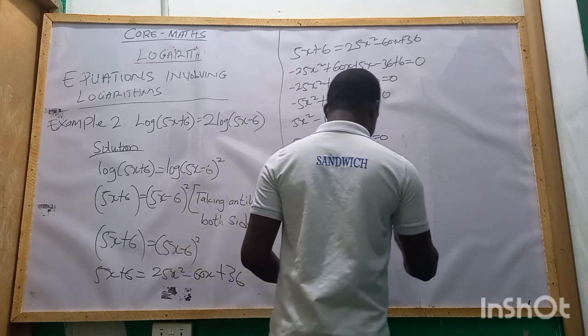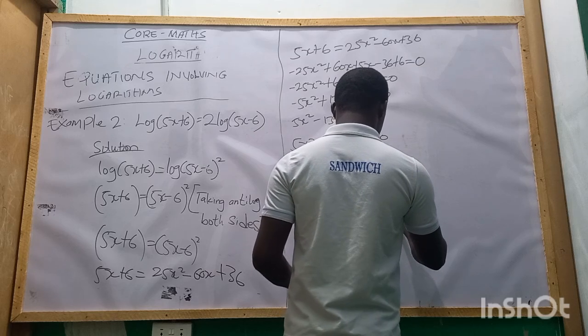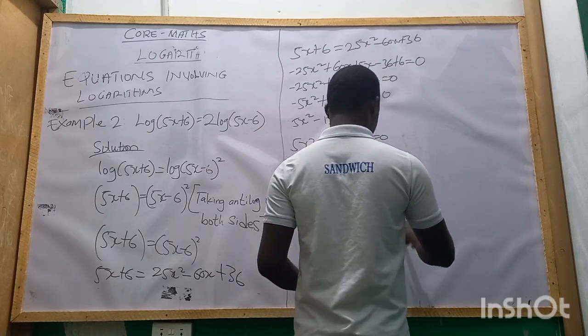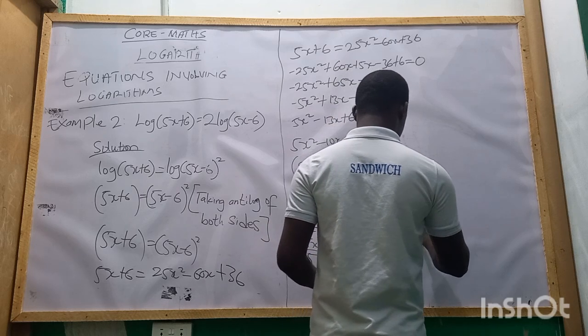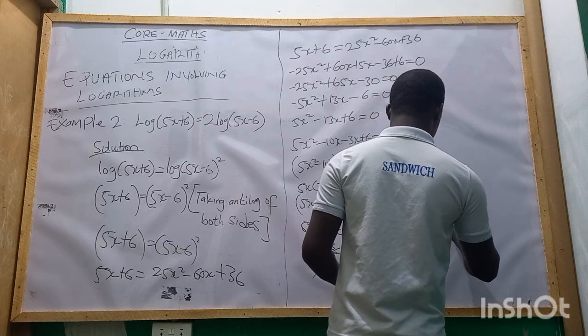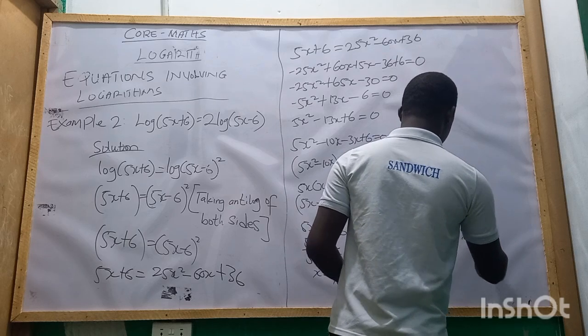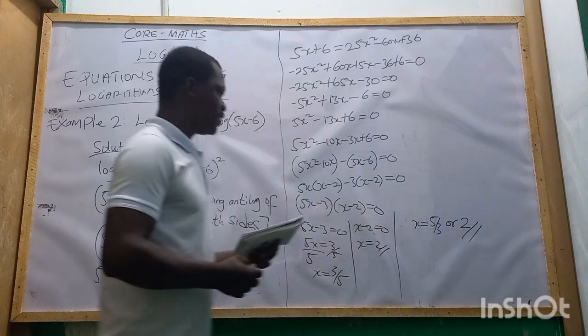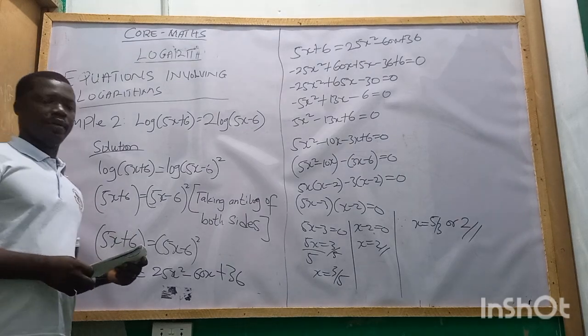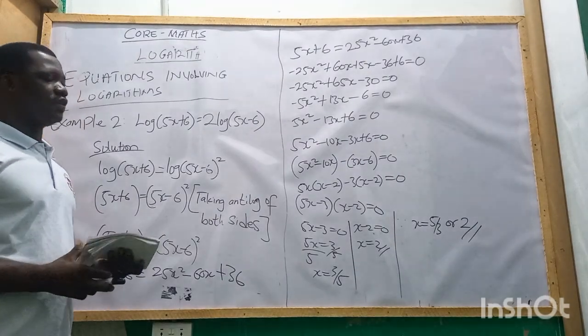So therefore, x is equal to 3 over 5 or positive 2. That's it, I'm done.